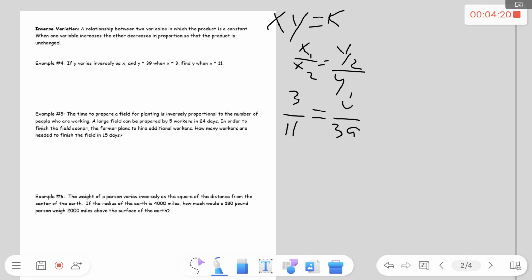I'm going to put a y there. Okay, and what we're going to do is cross multiply. You're going to get 3 times 39 is going to equal 11 times y. So 3 times 39 is going to give me 117 equals 11. No, excuse me, that's not an x. That should be a y. I'm sorry, ladies and gentlemen. That should be a y.